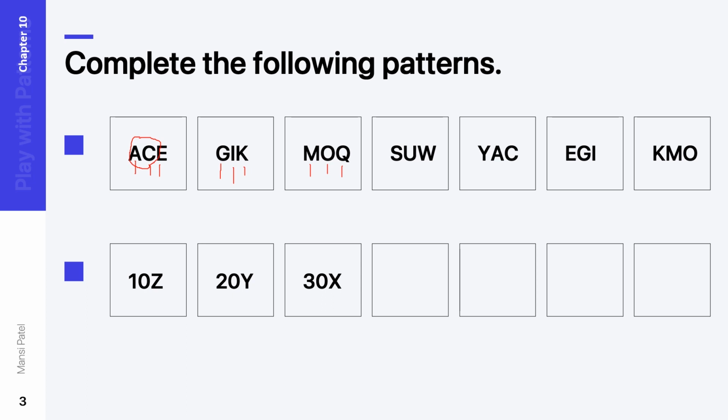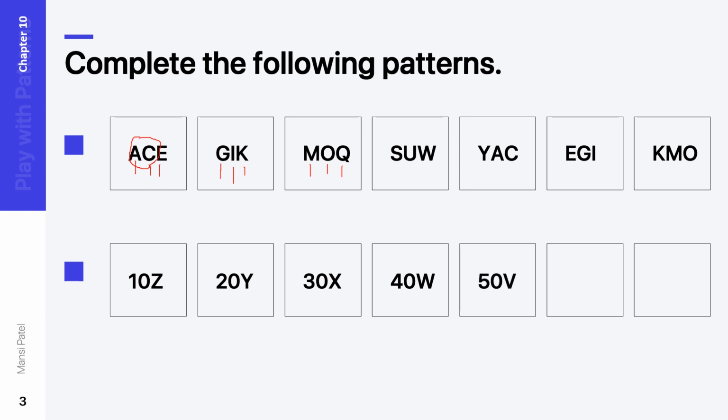10Z, 20Y, 30X. Now the number is 40. And what comes before X? It's a W. So 40W. After 40, 50. And what comes before W? It's a V. So 50V.